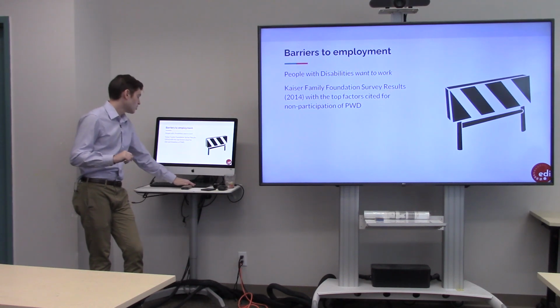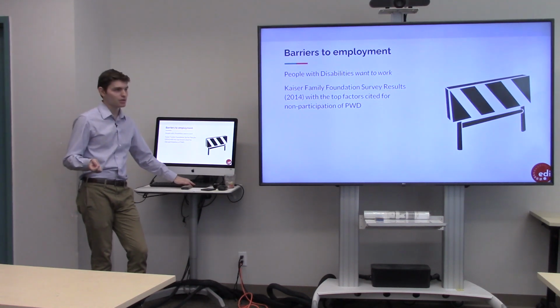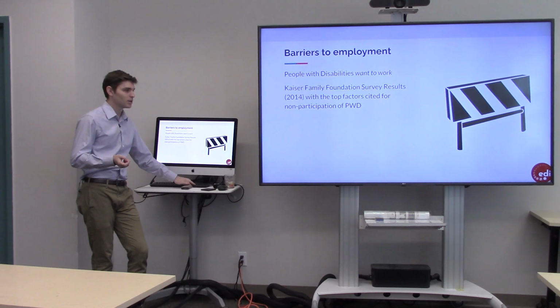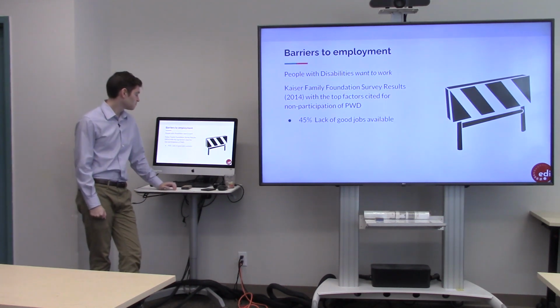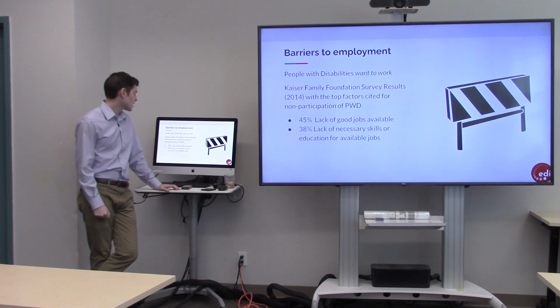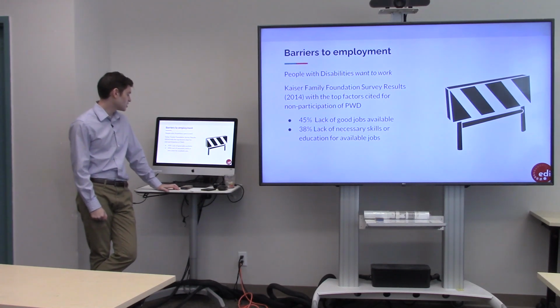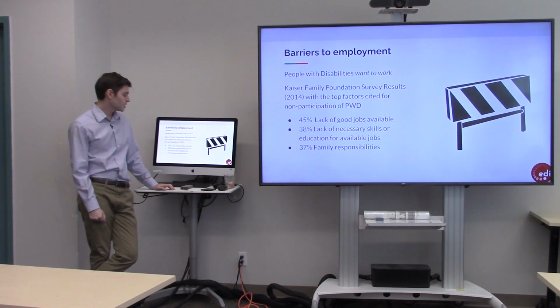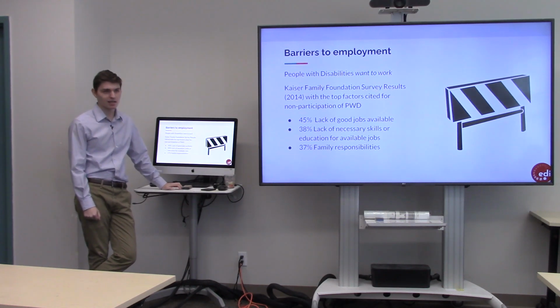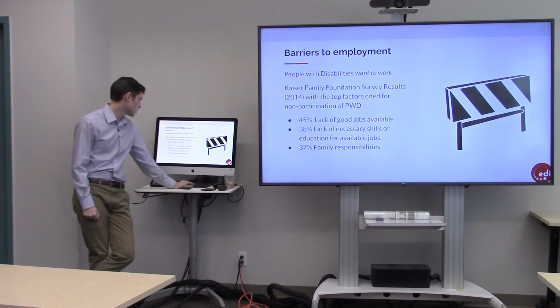So some of the top factors that they cite are not what you might expect. So first is lack of good jobs available. Second, lack of necessary skills or education for available jobs. Then we have family responsibilities, so taking care of kids or older members of their family.